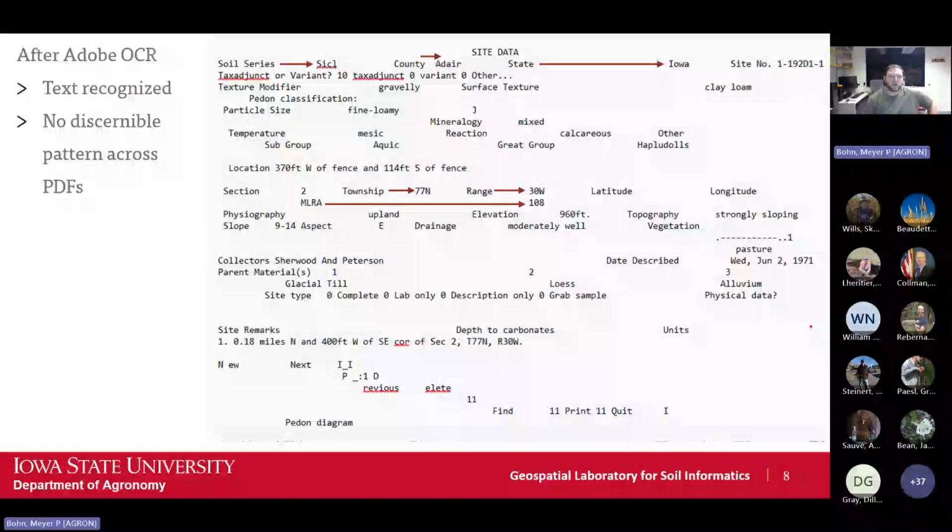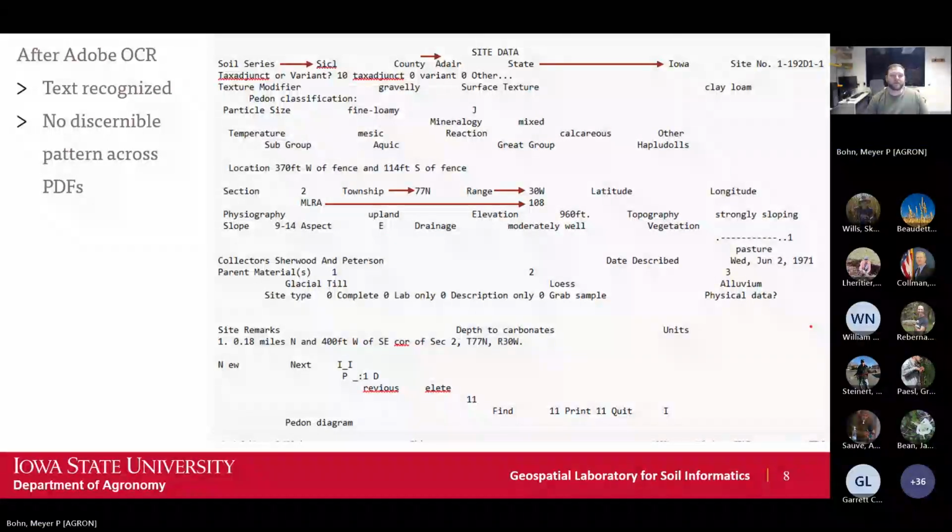So when you run the OCR on these PDFs, there's just a lot of inconsistencies from PDF to PDF: spacing between the series, the county, the state. Site numbers might be on multiple lines. The location was all over the place. So it recognized the text, but there's no way to really systematically rip this data from this data set.